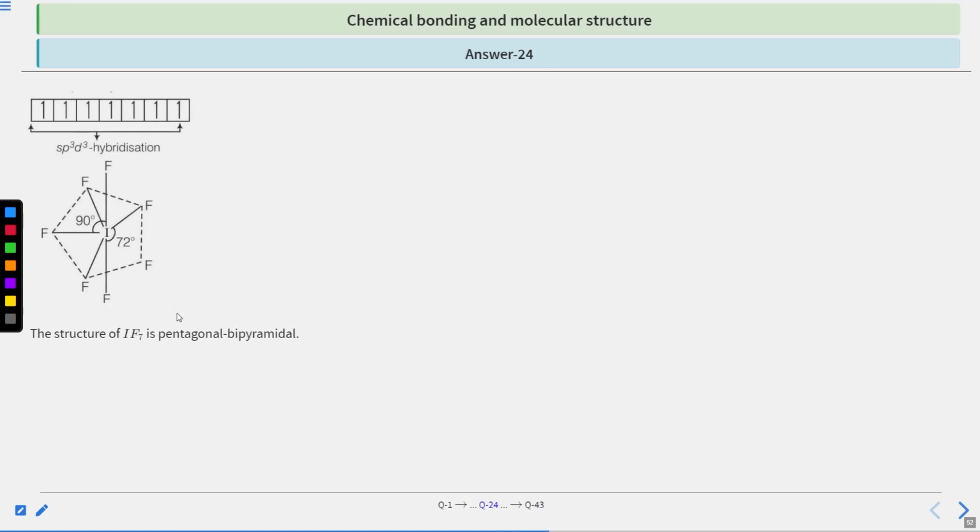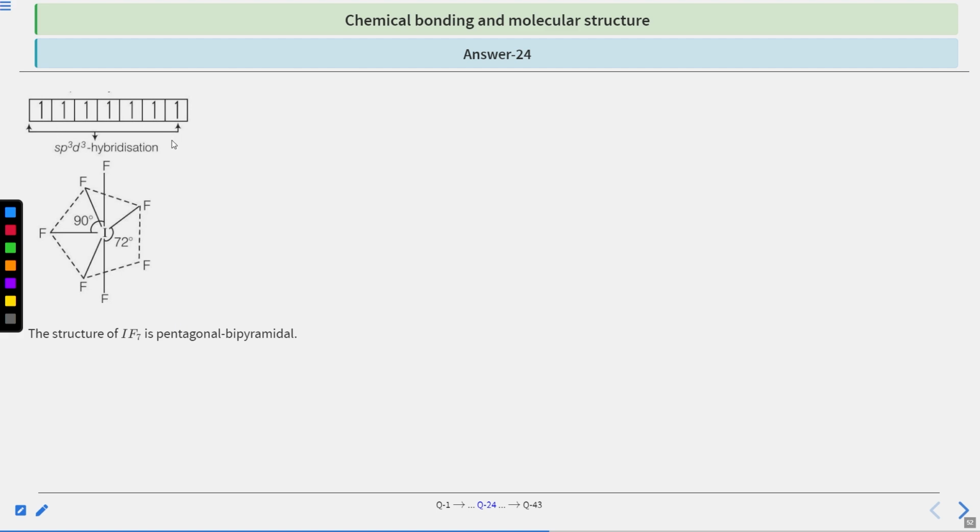On combining these singly filled orbitals, the hybridization comes out as sp3d3. That is one s orbital, 3 p orbitals, and 3 d orbitals. So sp3d3 hybridization. This is the structure you can see here of IF7, and the structure of IF7 is pentagonal bipyramidal. Hence, this is the answer.